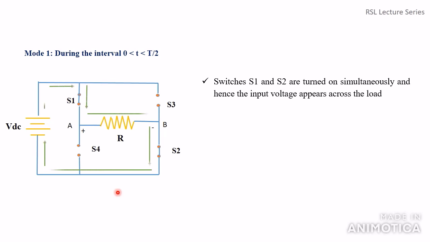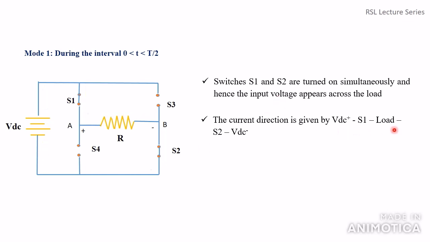So S1 and S2 are turned on simultaneously, and this is the current direction: VDC plus, S1, load, S2 and VDC minus. Now the voltage across the load in this case is considered as plus VDC, because terminal A is connected to the positive terminal of the supply voltage and B is connected to the negative terminal.